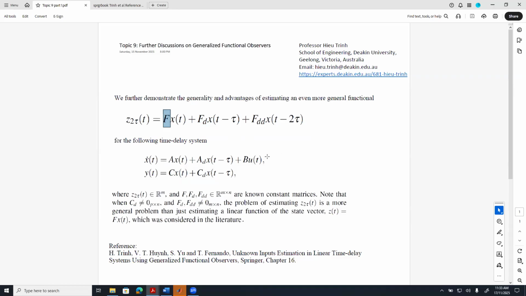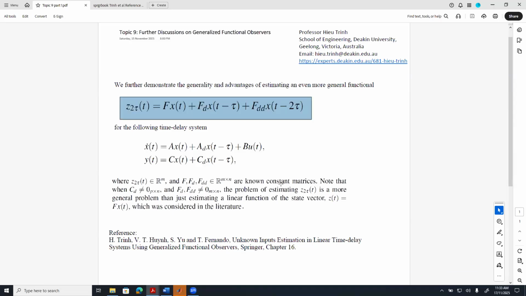So the reason for estimating this even more general functional is a valid reason for doing it. And this one is from chapter 16 in our book.